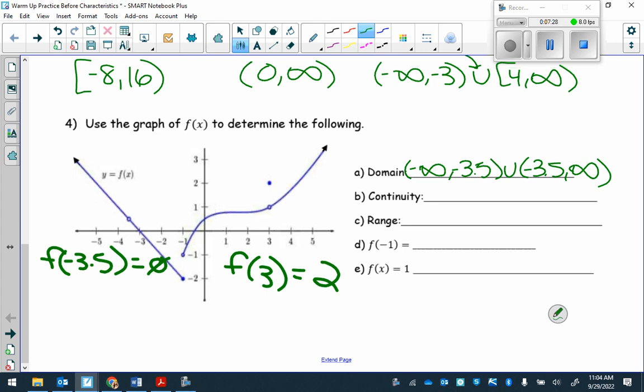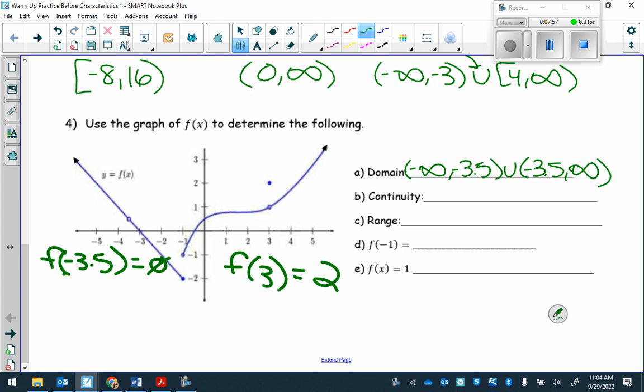Okay? Why wouldn't it be 1? Go ahead, John. There's a hole there. Okay? So maybe by seeing this, it would help you a little bit more, knowing what's included and what's not. I know this is tricky. I know it's tricky to know the difference between domain and continuity. Okay? So some cases, the domain, which we saw in one of the examples last class, was the same as the interval of continuity because there was a hole in the graph.